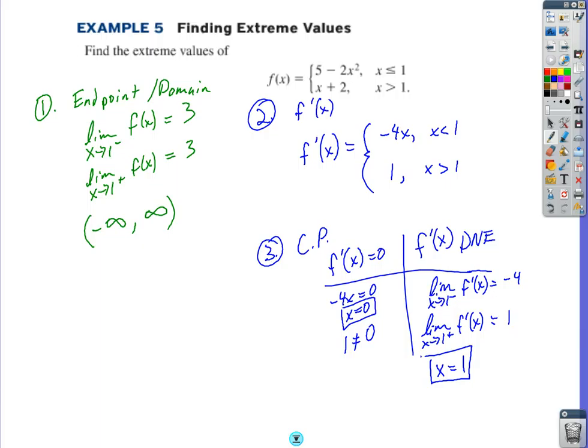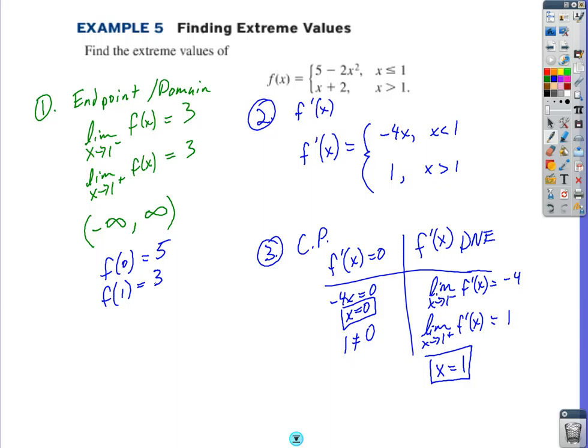Okay, so then my two critical points that I have are 0 and 1. So again, I need to test those points. So f of 0 is equal to, plug that in, 5. And f of 1, when I plug that in, is 3.